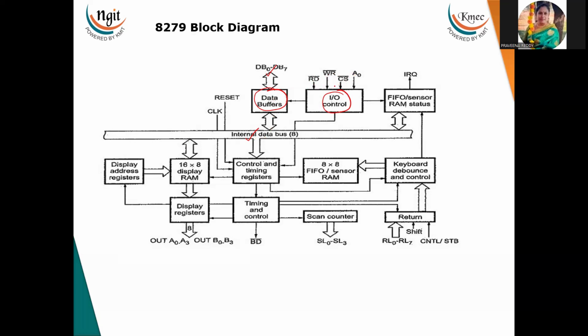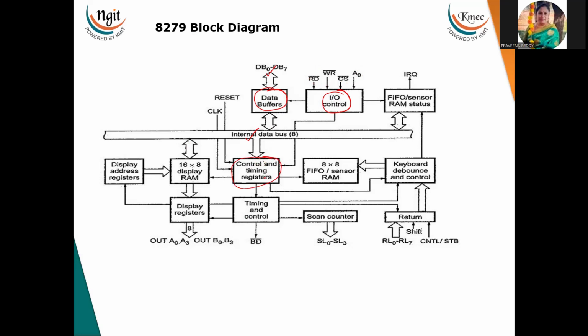These are the signals to control the data flow to and from the various internal registers and buffers. Inside we have a control register and status register, to read and write data, which are controlled by using these lines. Now coming to the next one, the control and timing register. First I am explaining the CPU interfacing, control and timing register.